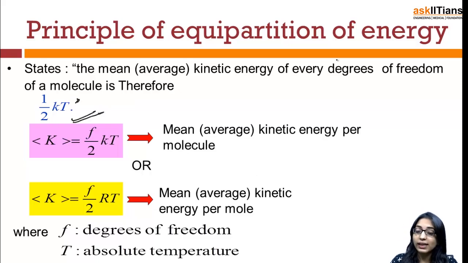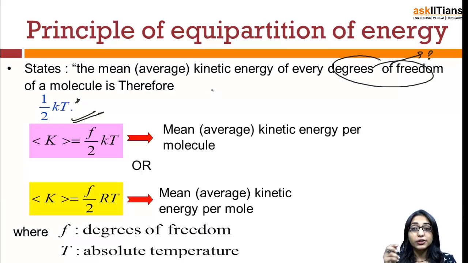For this we should know what we mean by degree of freedom. In short, it is the number of independent coordinates required to completely define the position of any gaseous atom in the state.